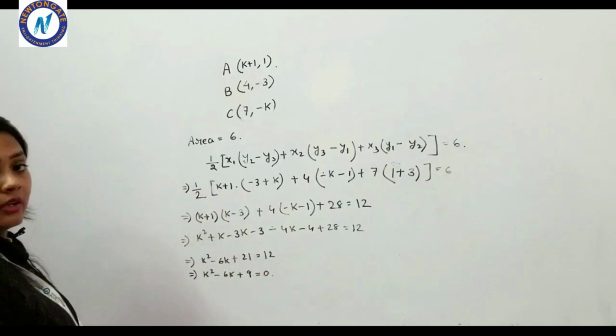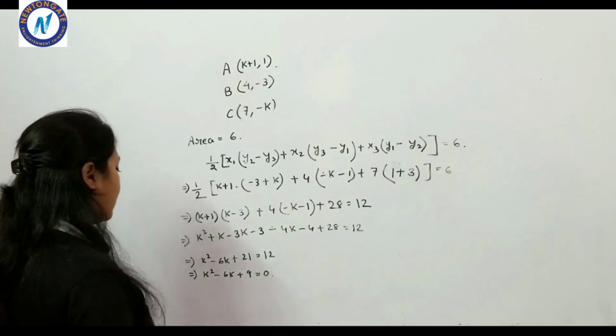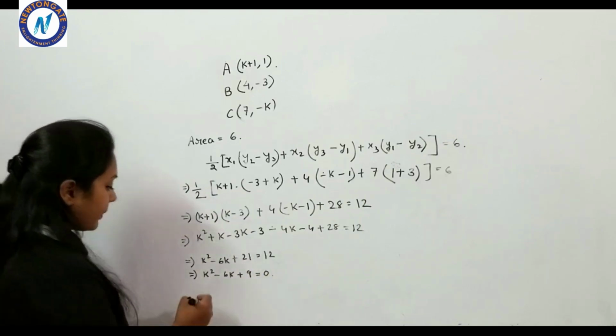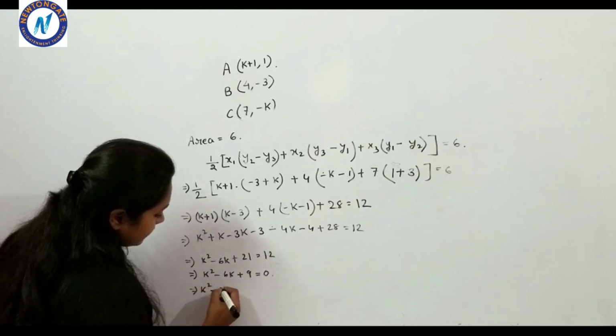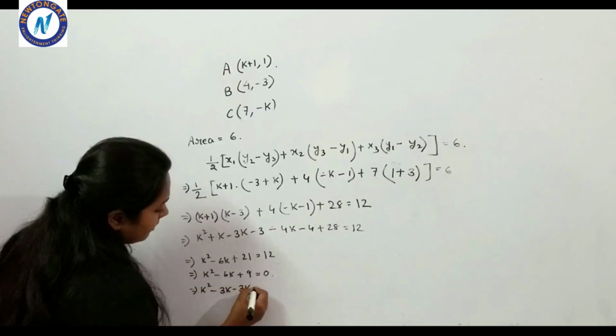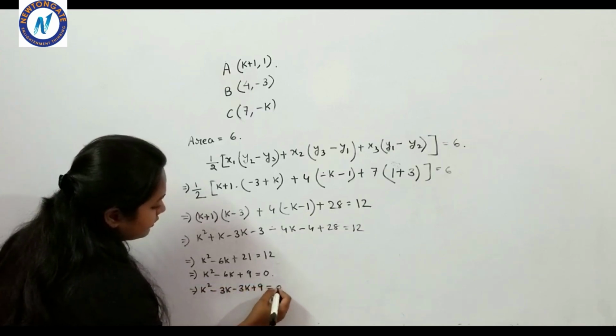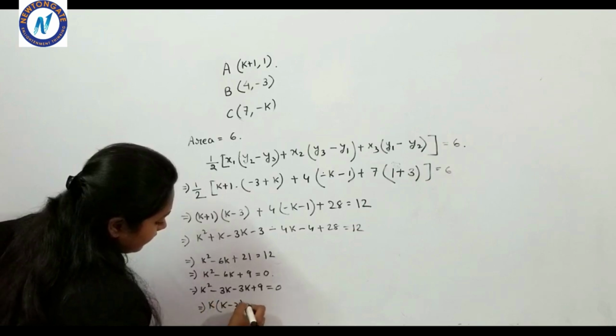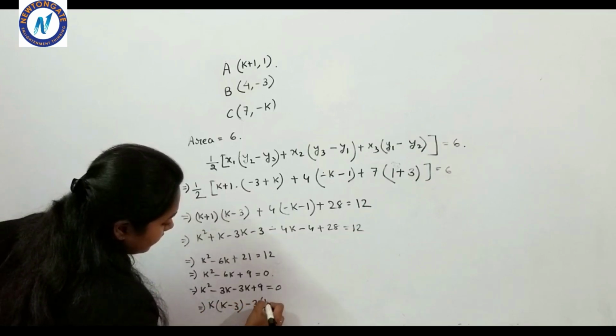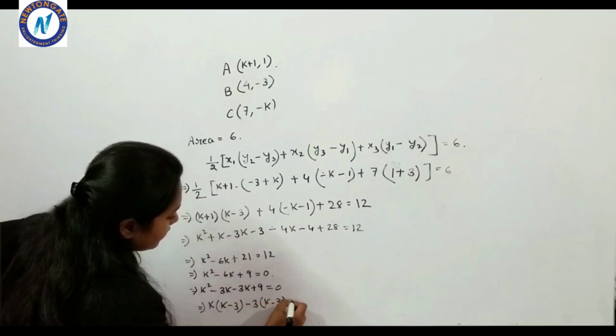Then here we will use the middle term break to factorize the equation. Then we will get k square minus 3k minus 3k plus 9 equals 0. Then we take common, k minus 3, k minus 3 equals 0.